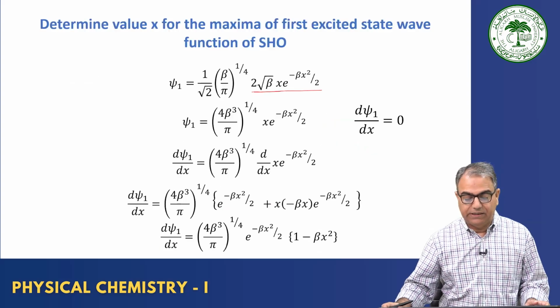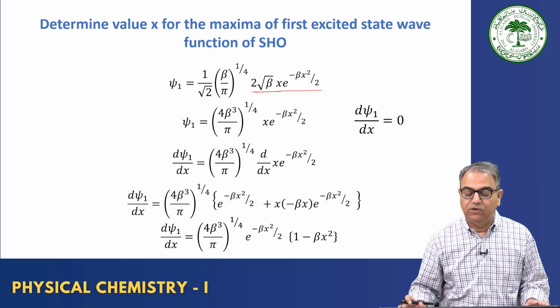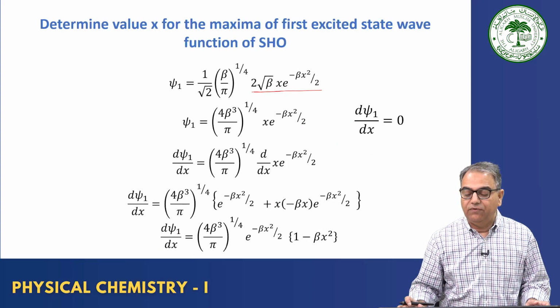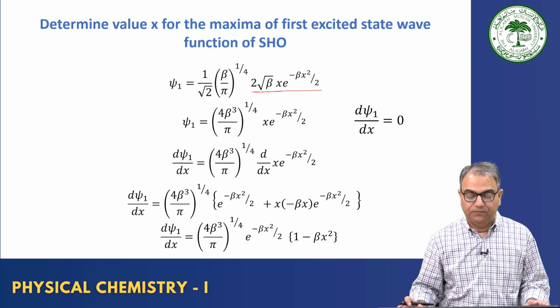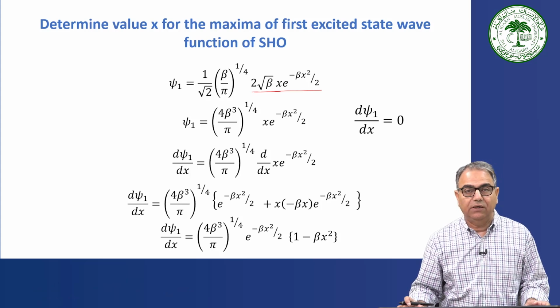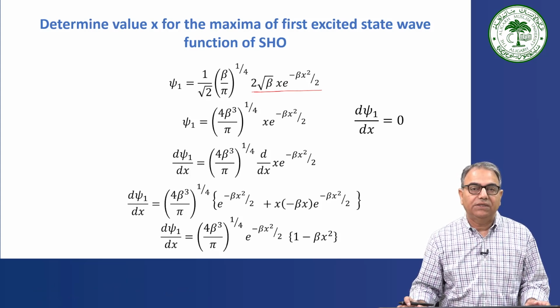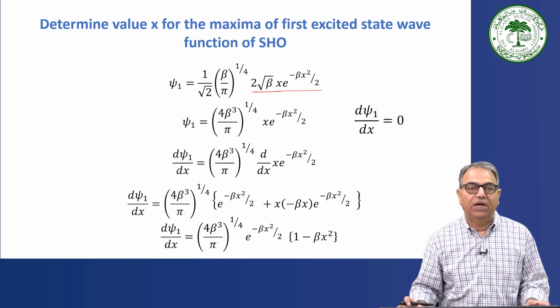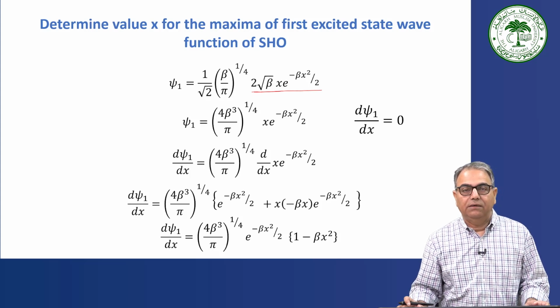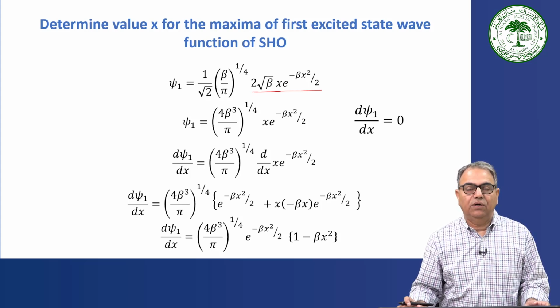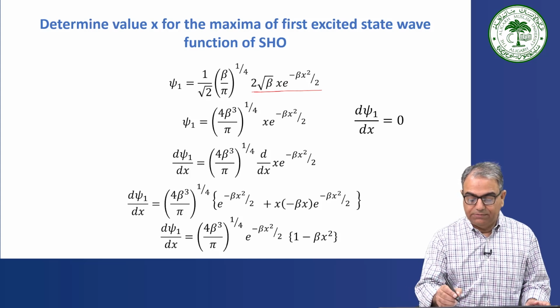We can do it for the excited state also. Determine the value of x for the maxima of the first excited state wave function. The difference between the ground state wave function and the first excited state wave function is that you have another quantity, called the Harmonic polynomial, and this part is the Harmonic polynomial part.